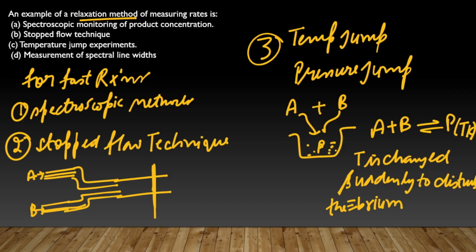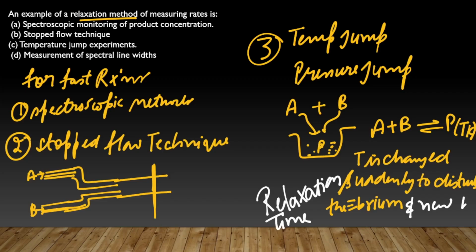Okay. So this is the time difference you will have. This is called the relaxation time, that is, the time between this equilibrium and the new equilibrium being established. So this is called the relaxation method, and we have temperature jump experiments for this.